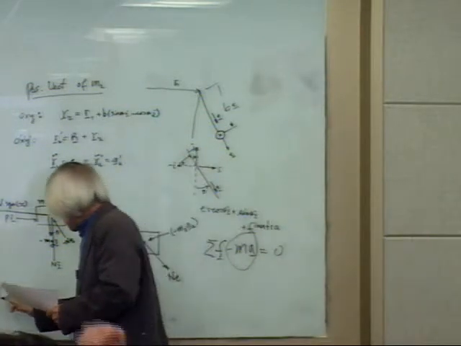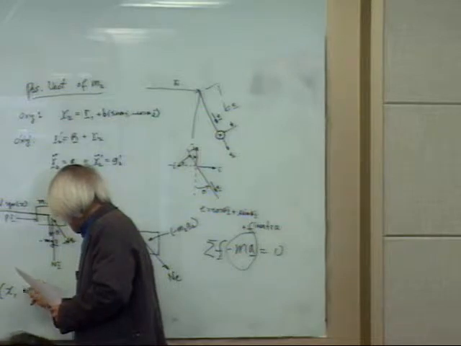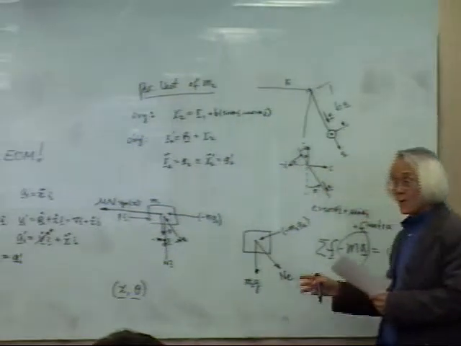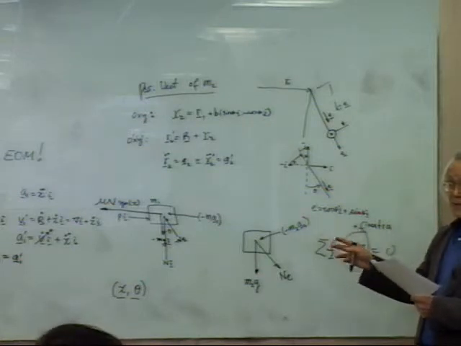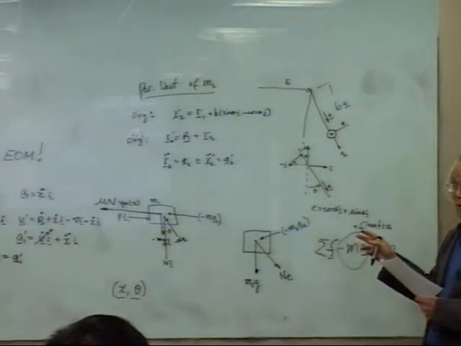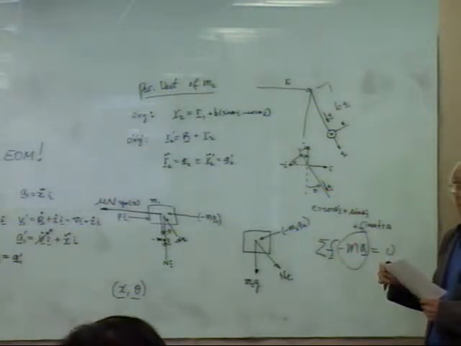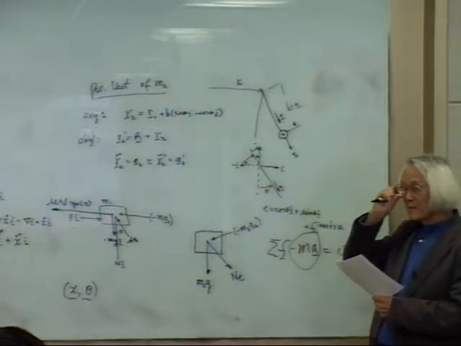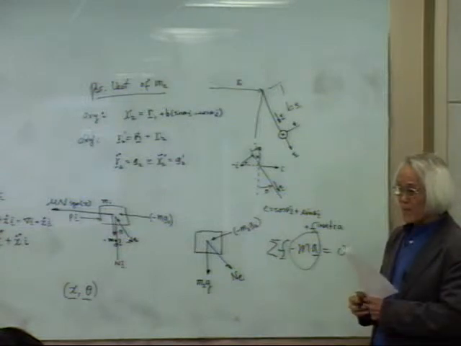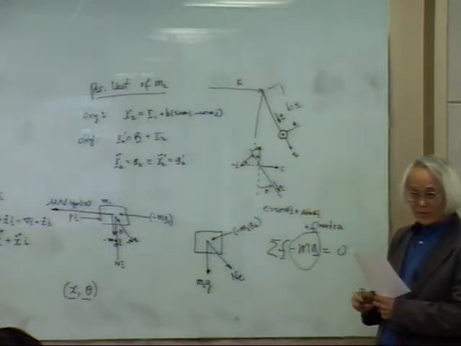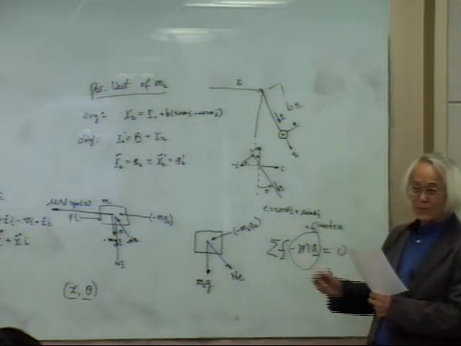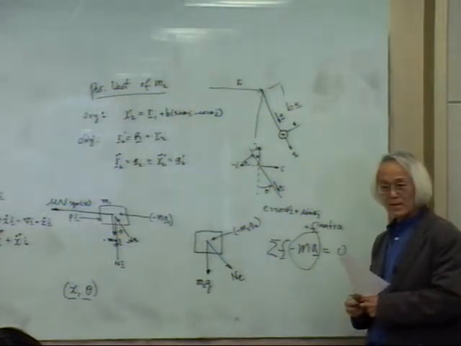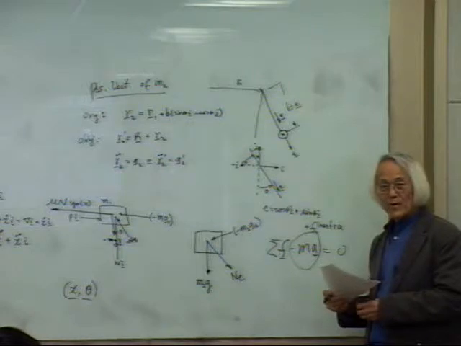We only need x and theta, the two unknown kinematic variables. Why are we having four equations instead of two equations? What do you think? There are two, right? Okay.